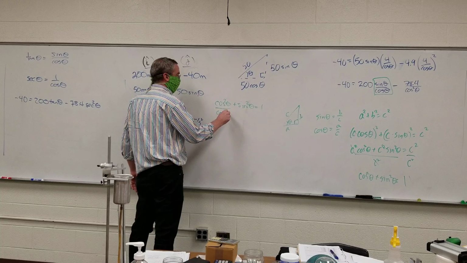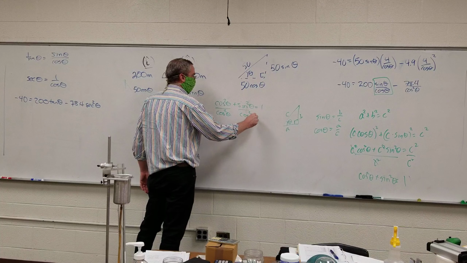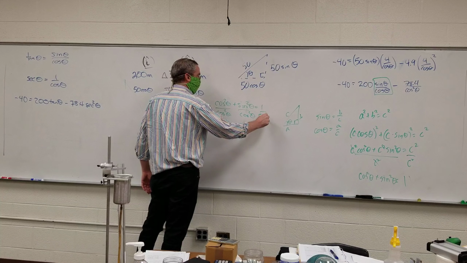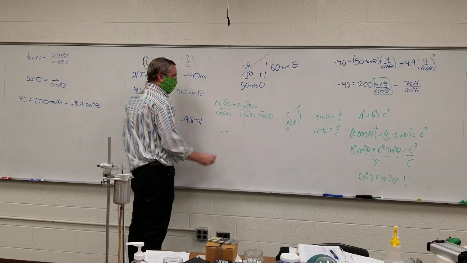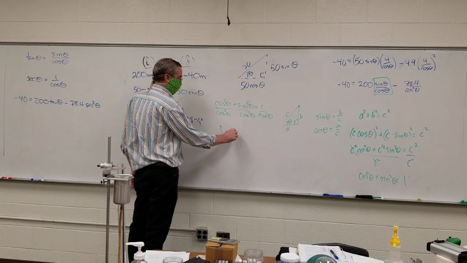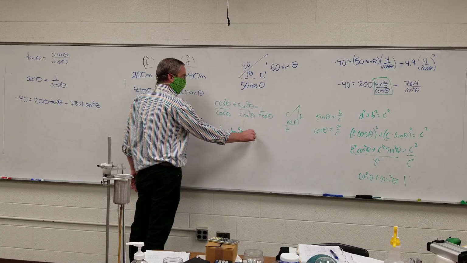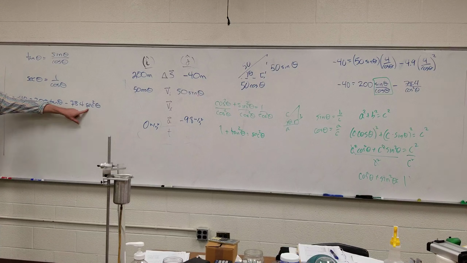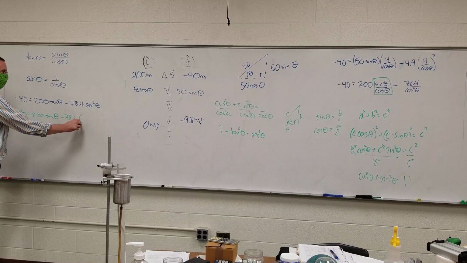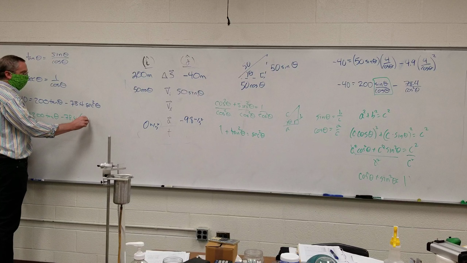Divide everything by cosine squared theta, and what I have here is 1 plus sine squared over cosine squared, which is tangent squared theta, equals secant squared theta. I can now get this in terms of just tangent of theta. So this becomes negative 40 equals 200 tangent of theta minus 78.4 times 1 plus tangent squared theta.